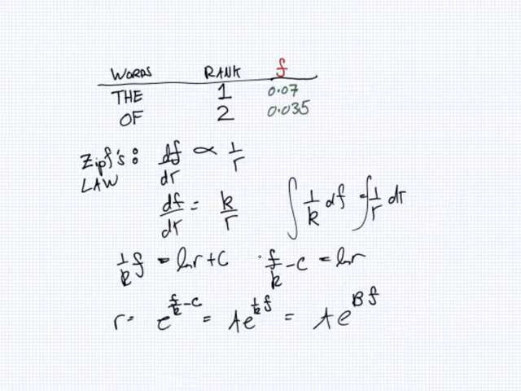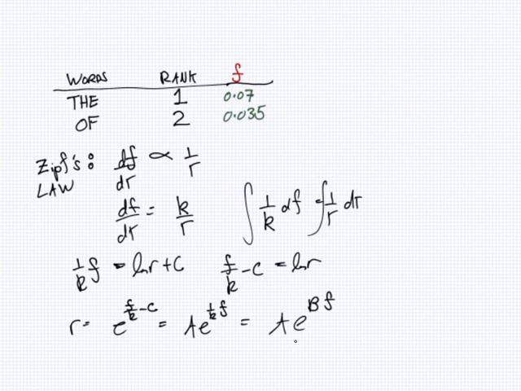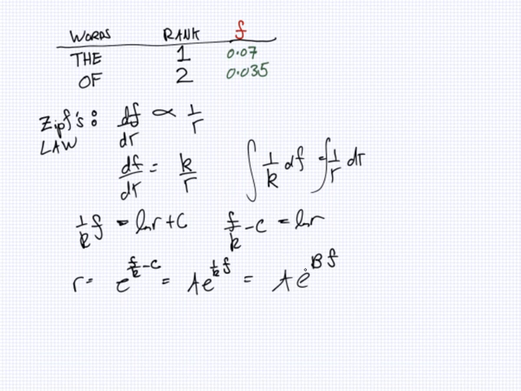Now, do we have the information to find the a and the b? We do. Actually, I can kind of see what the a is. Oh, no. Am I looking for r or am I looking for f? I'm looking for f. So I have to rewrite this, sadly. So I should have now, flip it. I'm looking for f.